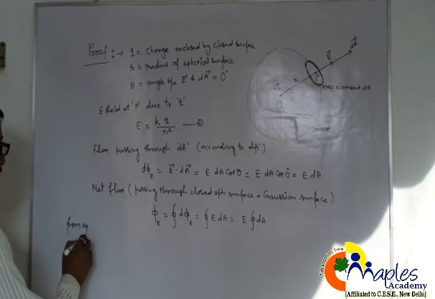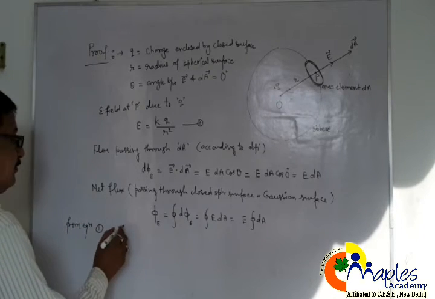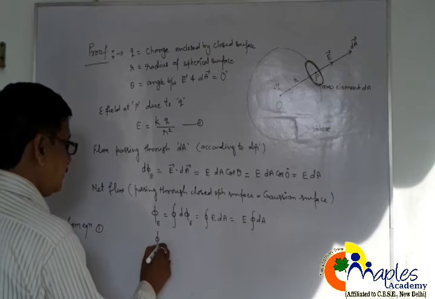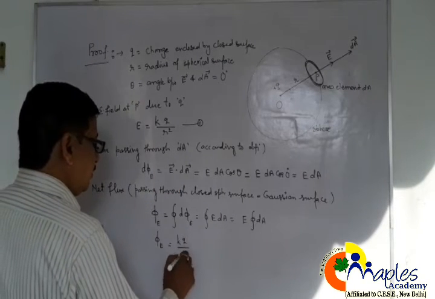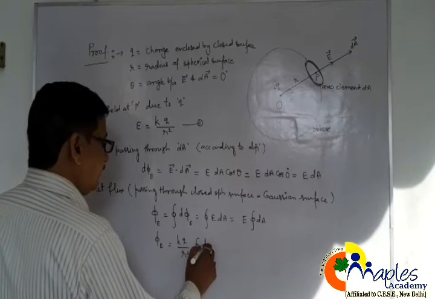From equation 1 we put the value of E. Phi equals K Q upon R square times integration dA.